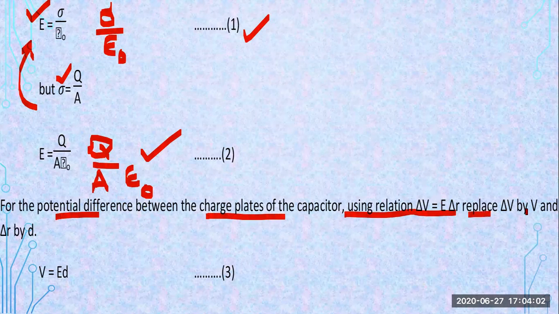So replace del V by V and del R by D, then V is equal to E D. This intensity is equal to V divided by D. This was the formula which we have already calculated, V divided by D. And we have used the definition of electric potential to reach this formula.